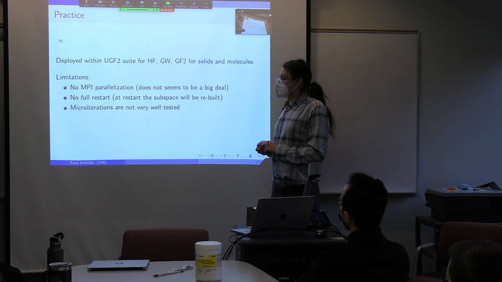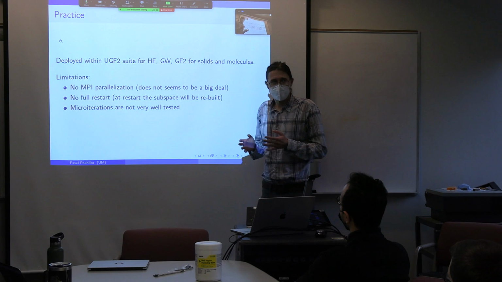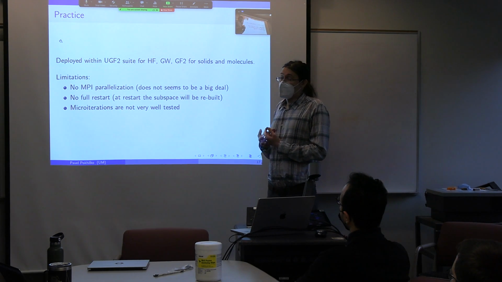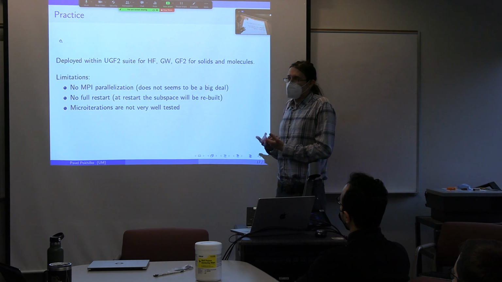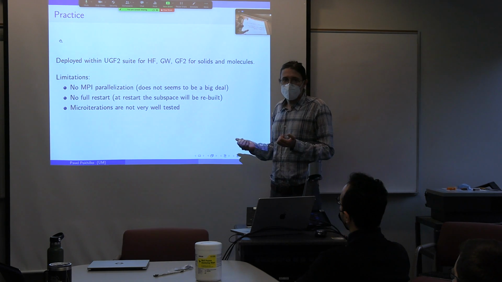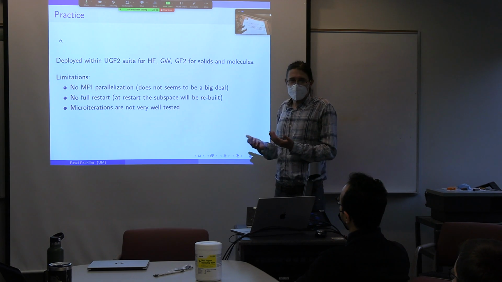So unless you want to run an enormous number of iterations, this is not that important. At least I ran pretty big systems, like a multi-site system with a 6 by 6 by 6 grid, and I didn't really notice this step.